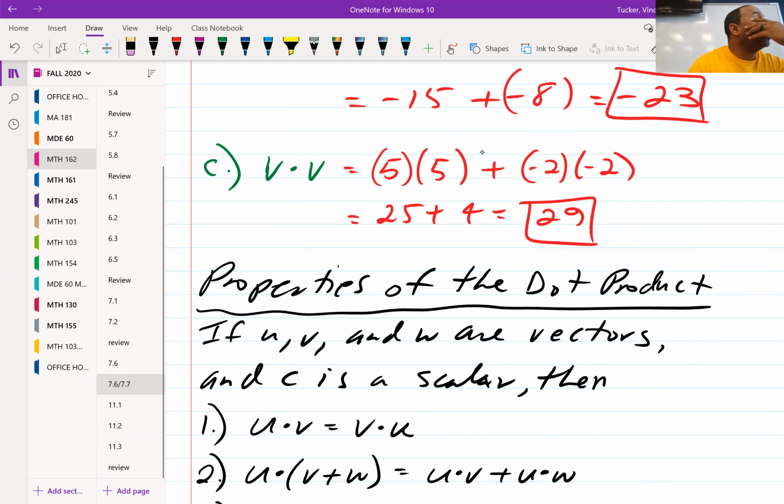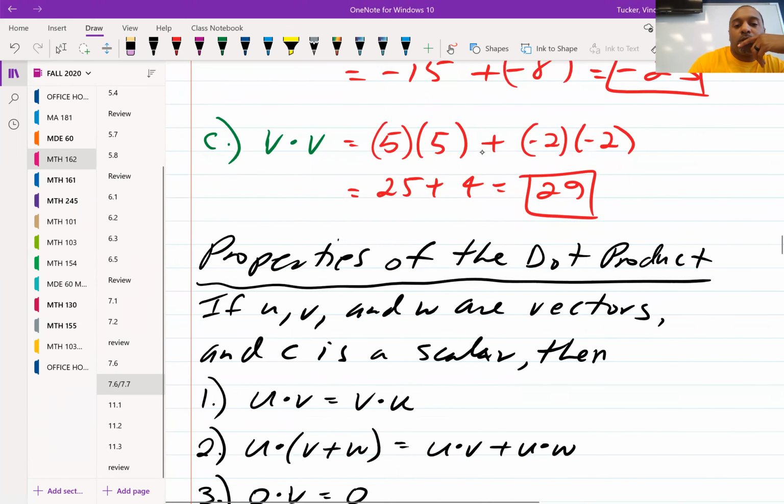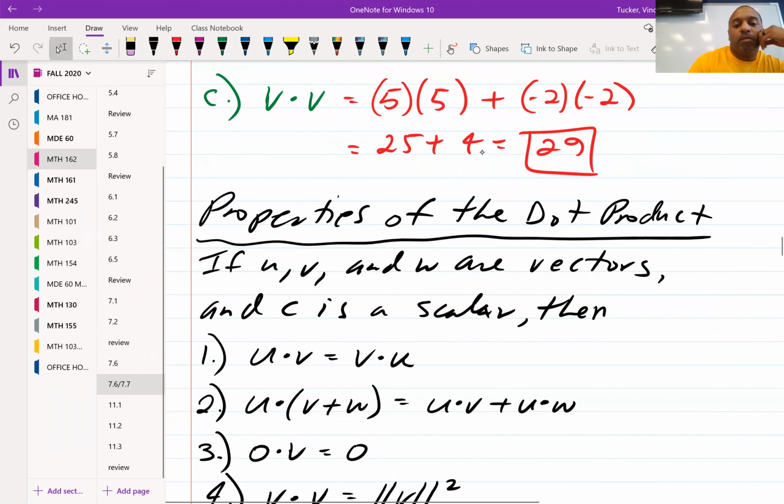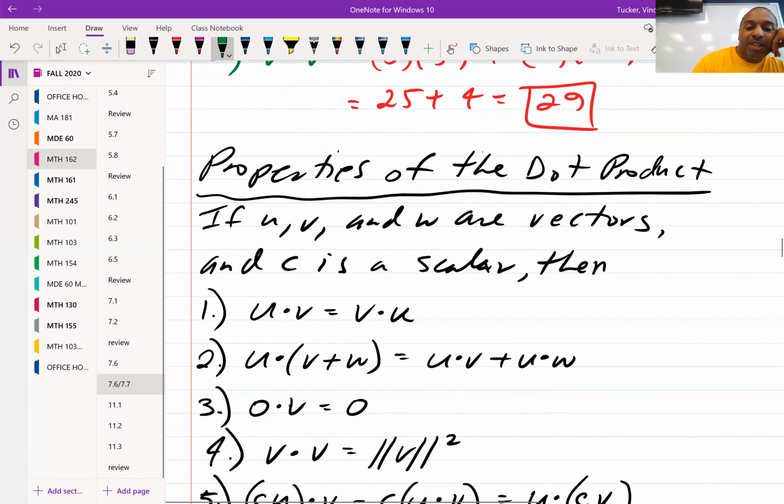Dot product of U and V is the same thing as dot product of V and U. And if you were trying to apply the dot product of U dot the quantity V plus W, you can distribute it and apply the dot product to U and V, and then U and W. But it equals the same thing.